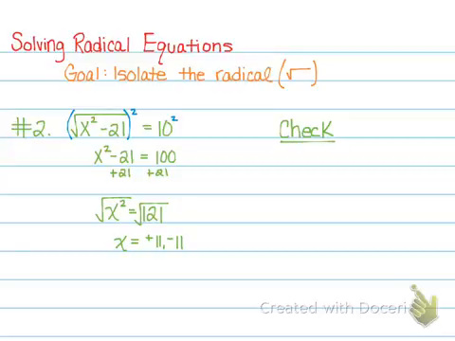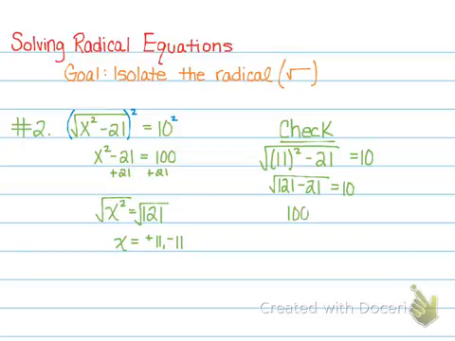Alright, so I need to check each one at a time. So I have positive 11 squared minus 21. Okay, so positive 11 squared is 121 minus 21, and we get 100. The square root of 100 is 10, so positive 11 worked.